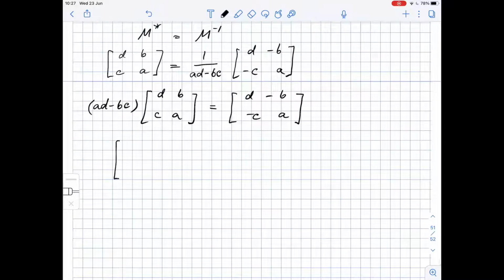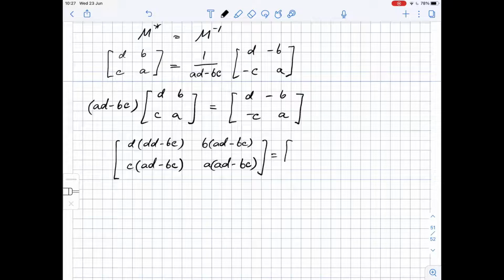So here we have D times (AD minus BC), B times (AD minus BC), C times (AD minus BC), and A times (AD minus BC). And this equals [D -B; -C A].